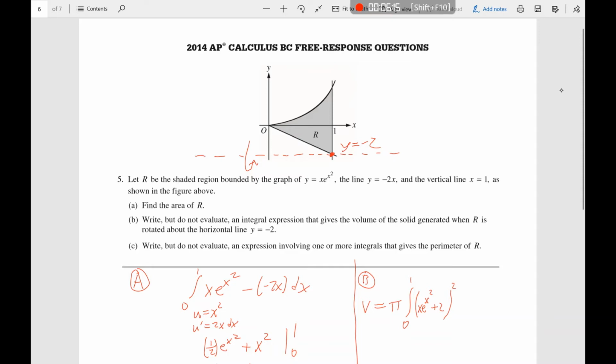Okay. Perfect. So what we just did was we got the difference between your upper y and our axis of rotation. So that's this minus -2 or this +2.